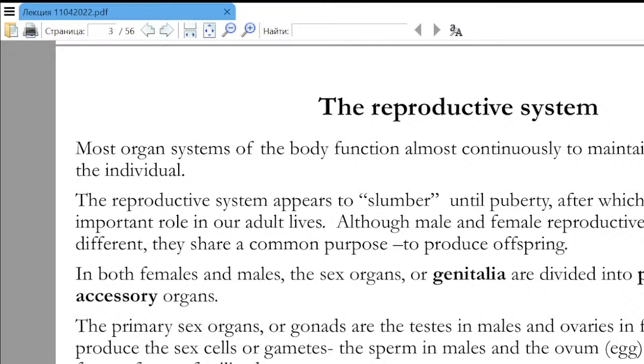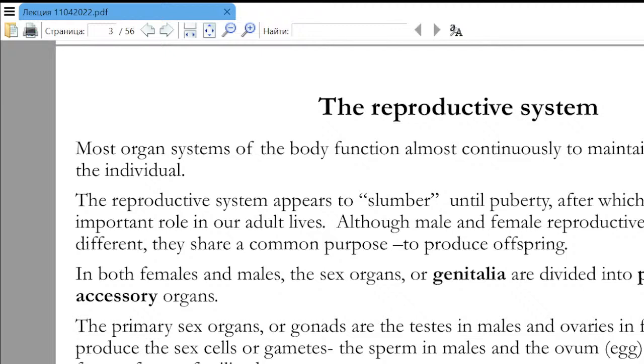The reproductive system appears to slumber until puberty, after which it plays an important role in our adult lives. Male and female reproductive organs are quite different, but they share a common purpose: to produce offspring.